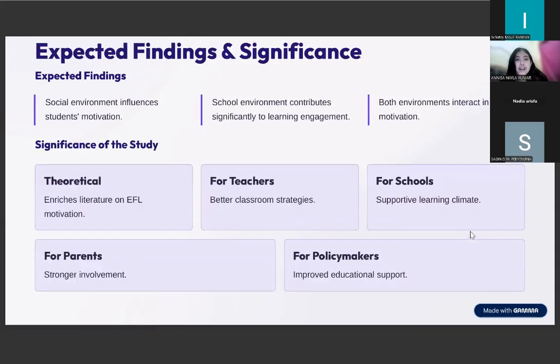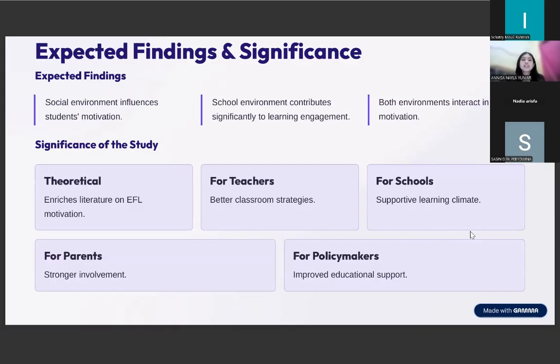So, expected findings and significance. The expected findings are that the social environment influences student motivation, the school environment contributes significantly to learning engagement, and both environments interact in shaping motivation.